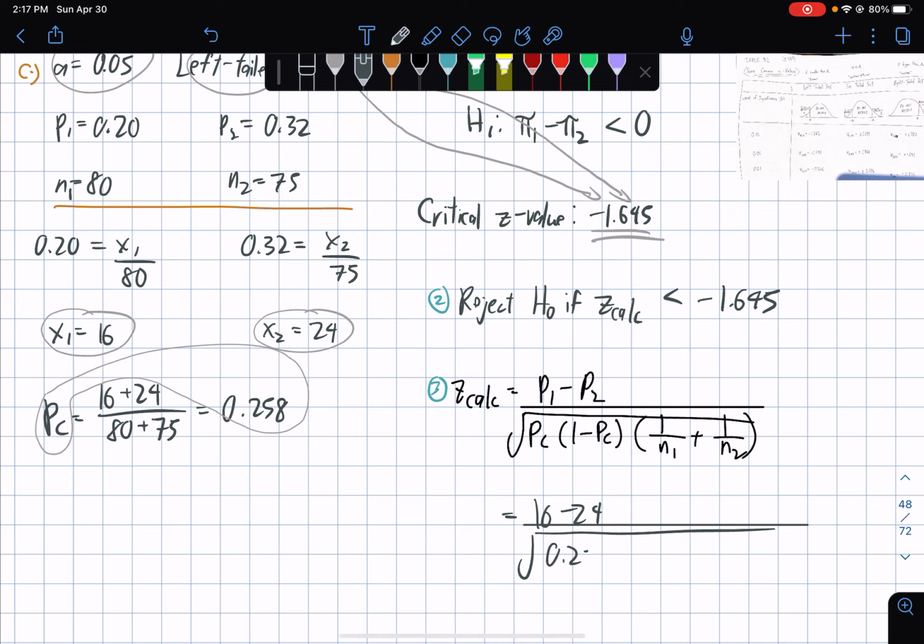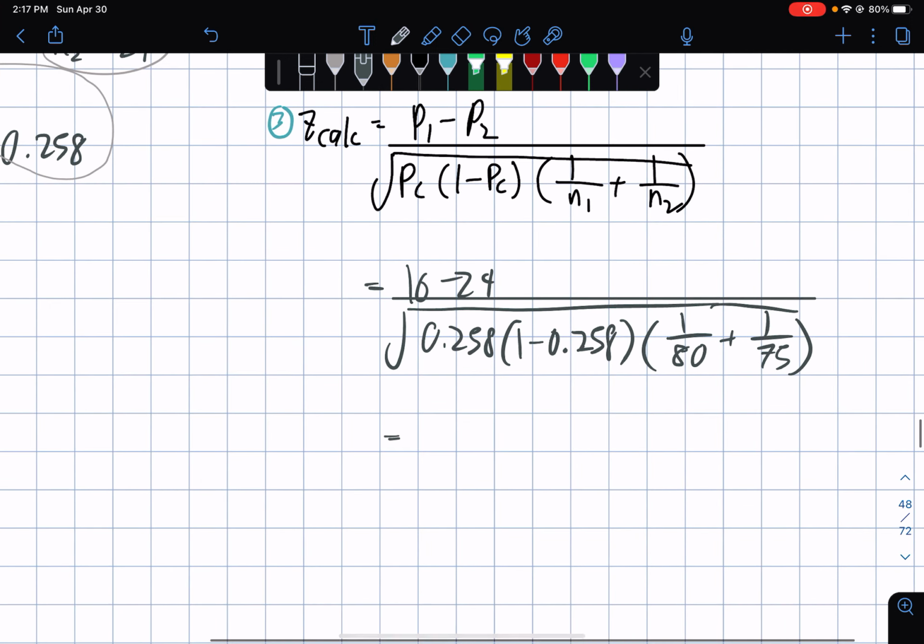PC is 0.258 times the quantity 1 minus 0.258, and then times the quantity 1 over n1 plus 1 over n2. So we have negative 113.75 or 76 to round off.